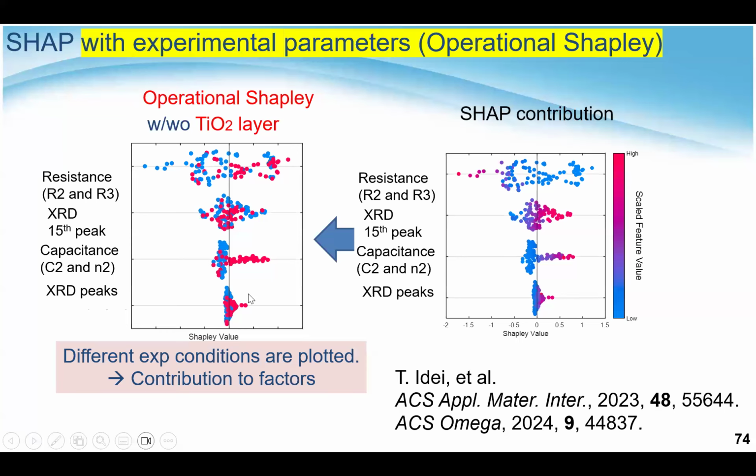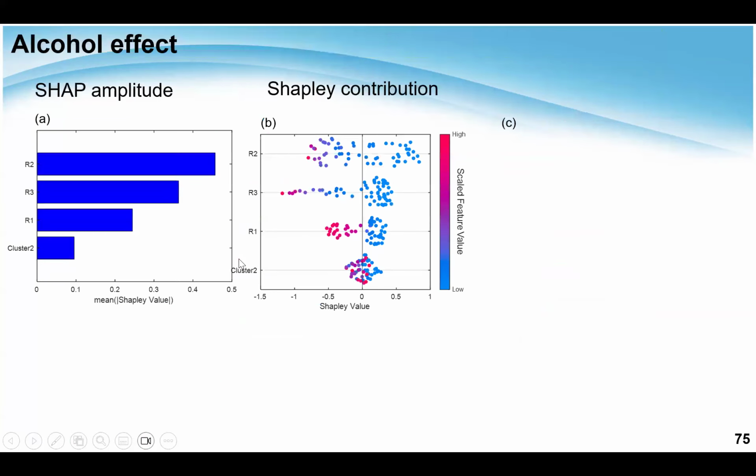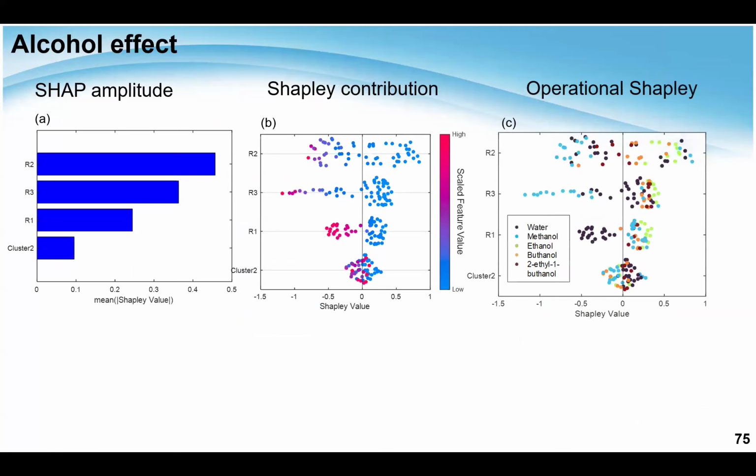So you can easily recognize that this part is totally different, red and blue, and the red one contributed nicely to the performance. So it tells you the TiO2 underlayer actually affects the density of states of hematite and promotes electron transport. Okay? And this is another example for alcohol deposition, but I will skip this one here.